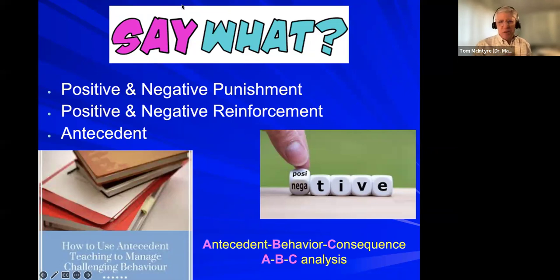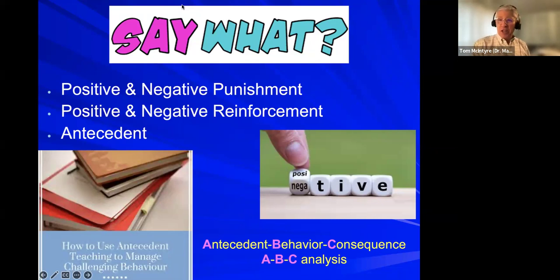If there wasn't a benefit, we wouldn't do it. And so we look at the consequence, and we can change a behavior by modifying what comes before it or what comes after it.